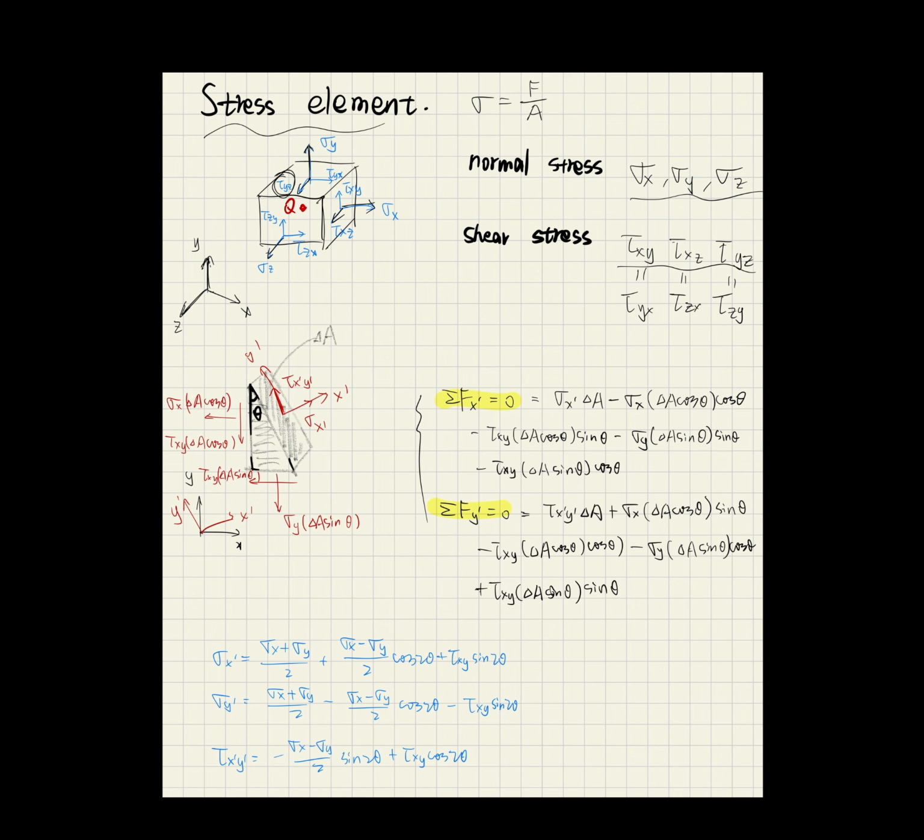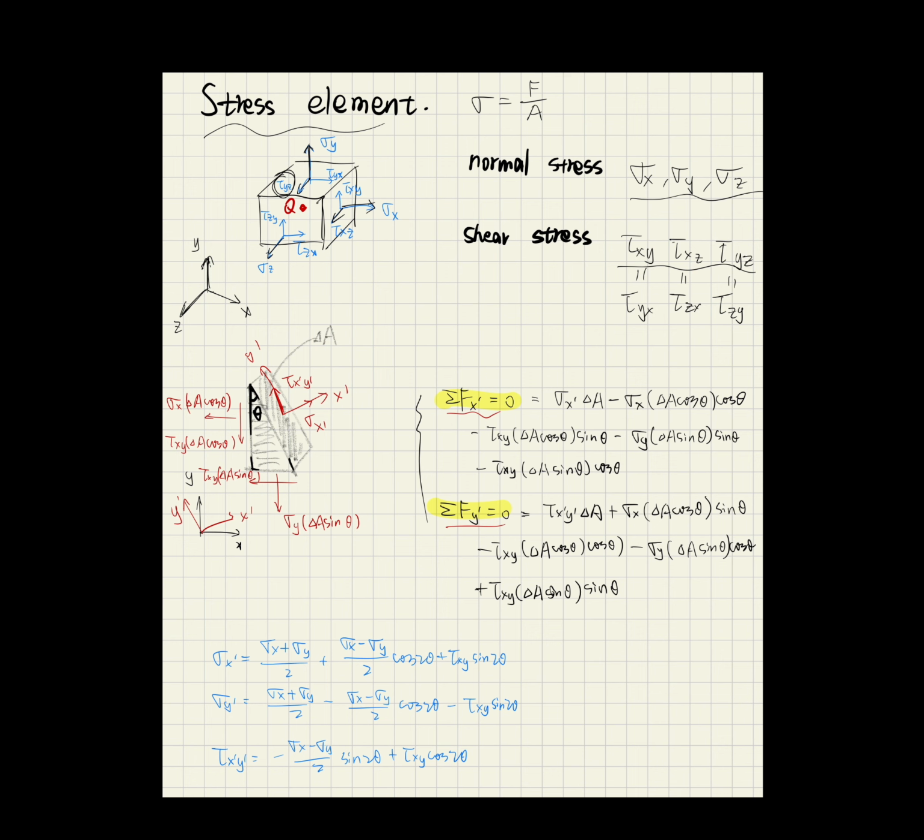We can write 2 equations based on the current situation. The first equation is written on the direction of x prime, so we sum all the forces on x prime together, and then for the second equation we sum all the forces on the y prime direction together.